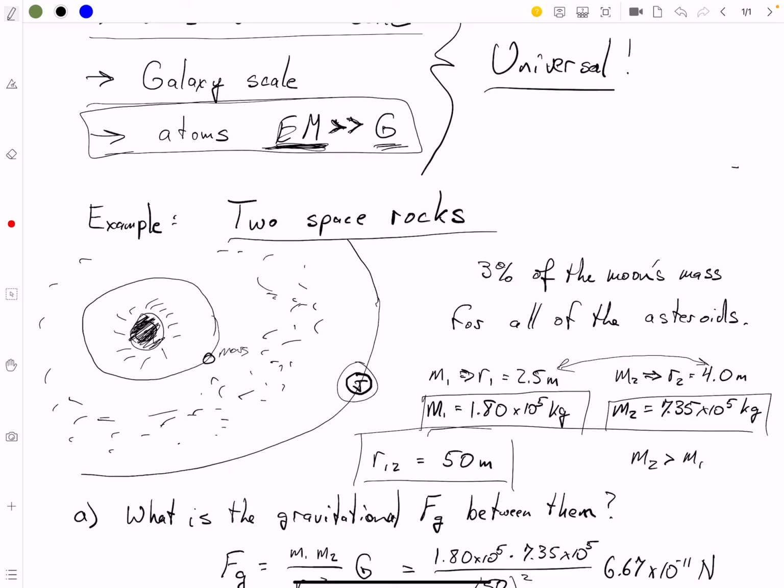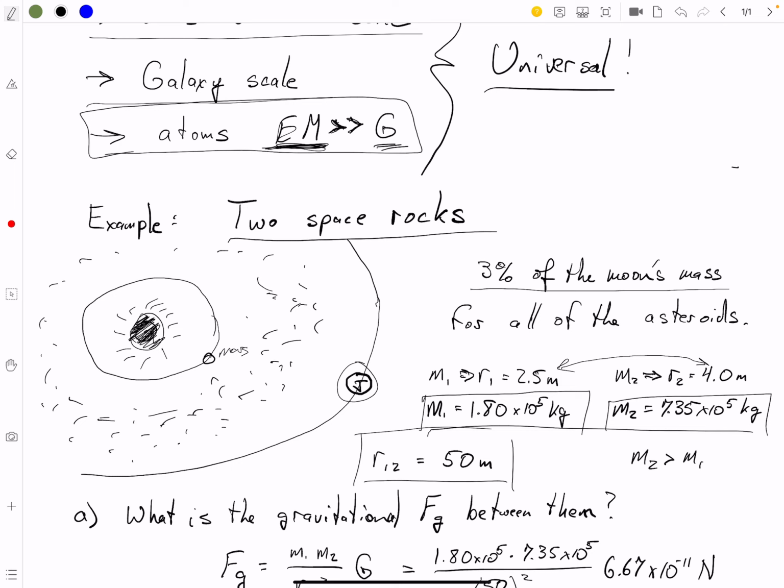In between Mars and Jupiter, there's what we call the asteroid belt, and it just has a whole bunch of asteroids that, if you were to sum up all of their mass, it would equal 3% of the moon's mass. So they're pretty small, but the moon's pretty massive, I guess.